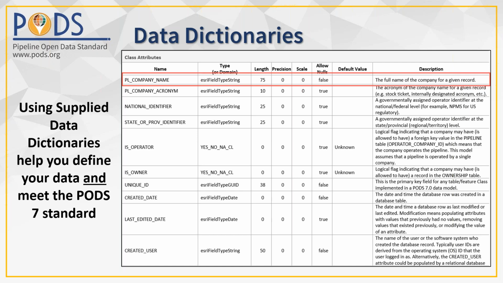The nice thing is, as you're populating your own databases with your own information, if you're using the data structures and the data dictionaries that PODS supplies, then you're automatically meeting the PODS standards for PODS 7. So you're already creating PODS compliant data.